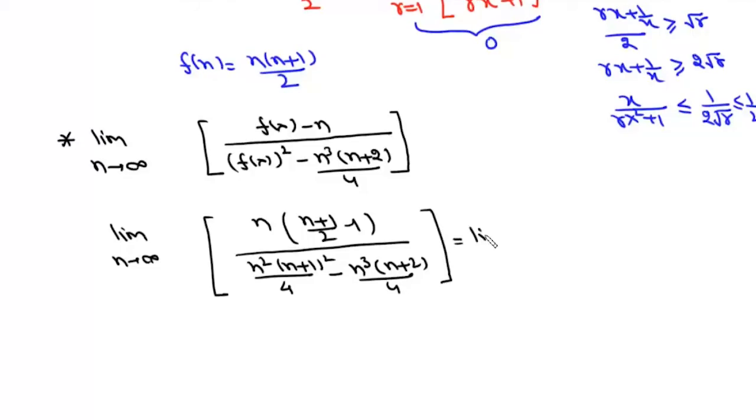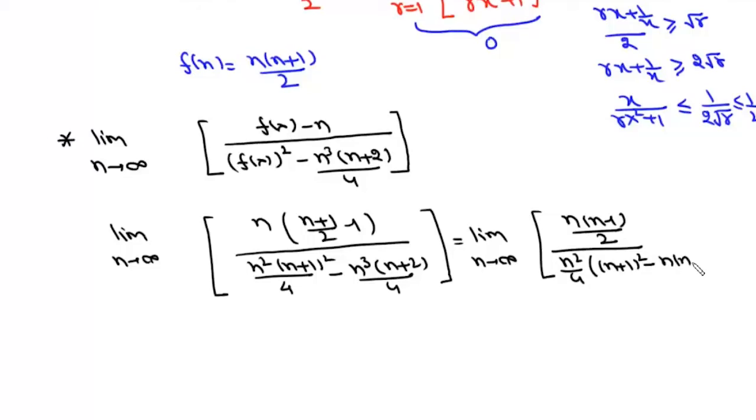Now this is limit n tends to infinity, and here it will be n into (n minus 1 by 2), and here we'll take n square by 4 common, then we'll have (n plus 1) whole square minus n into (n plus 2).